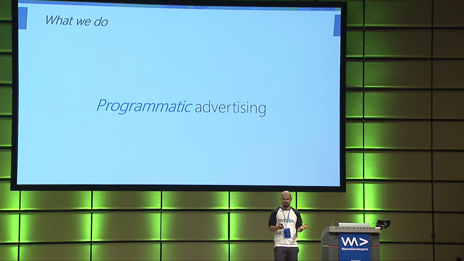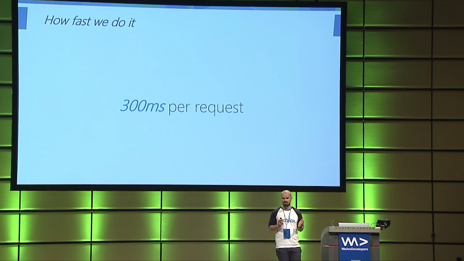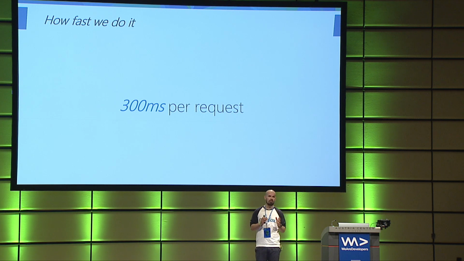Sounds simple, right? But actually, it's not that simple, because we have some very nasty constraints. We need to process each request under very tight time constraints, and that number is, on average, around 300 milliseconds per request.